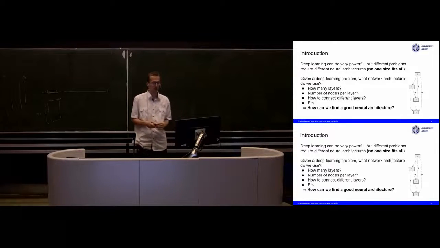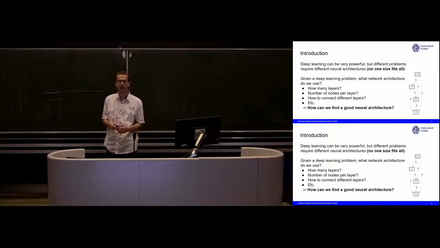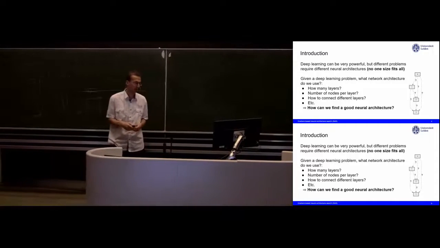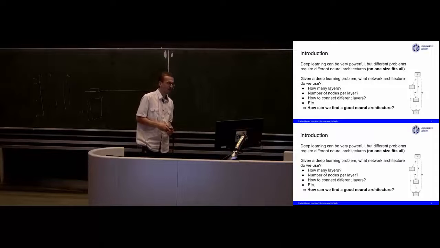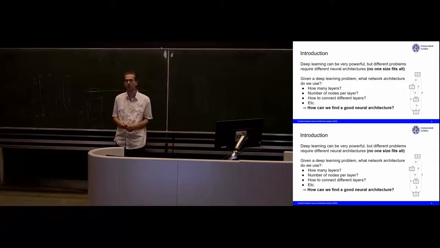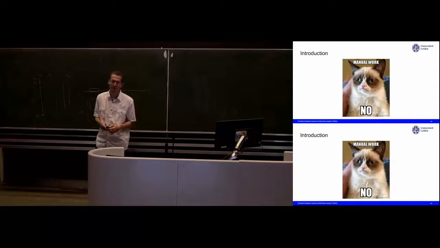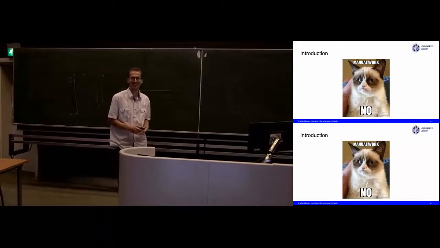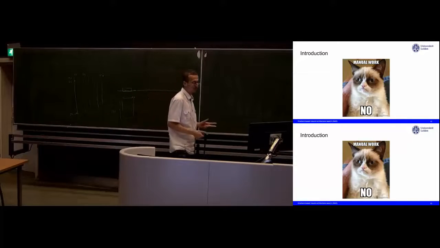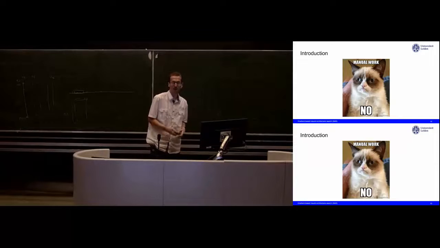So the question is, of course, how can we find a good neural architecture for a given problem? A repeating theme throughout this course is that manual labor should be abstained from, like with hyperparameter tuning, also with neural architecture search.